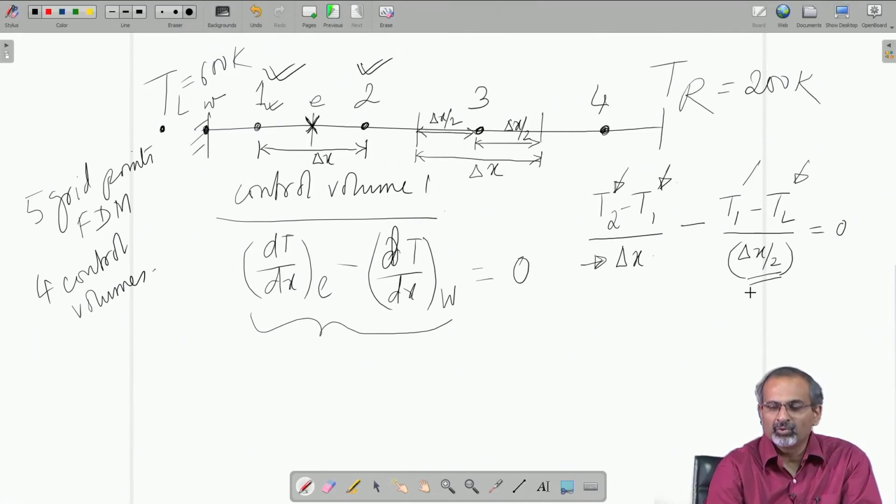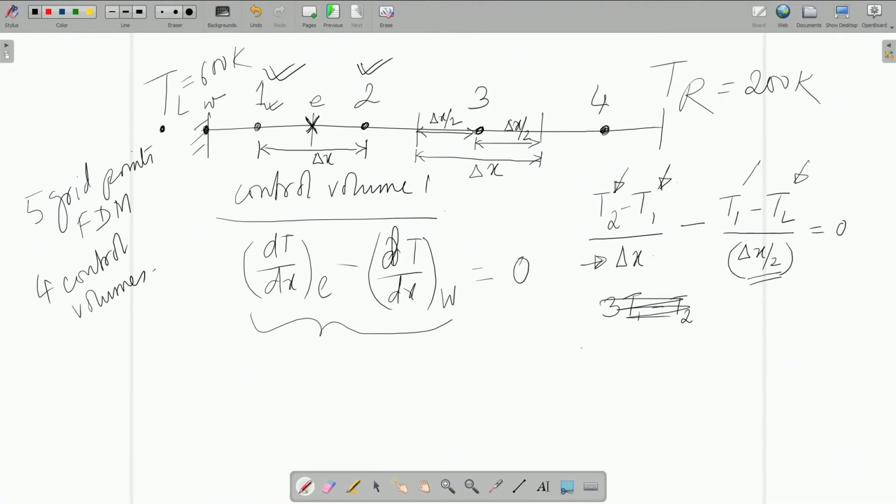Now, having said that, you can rewrite this by rearranging the terms, and you will get an equation which looks like this. Well, we will just correct it slightly. It should be T 2 minus 3 T 1 plus 2 T L equal to 0. So, it comes from this equation.